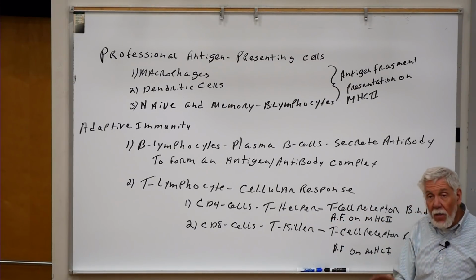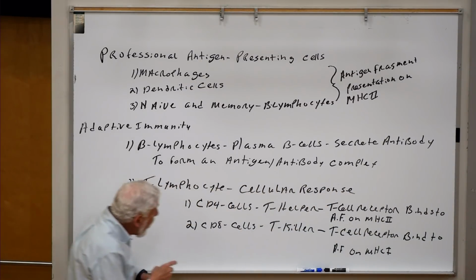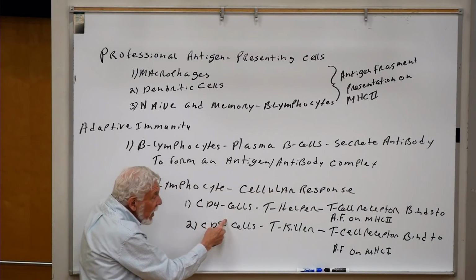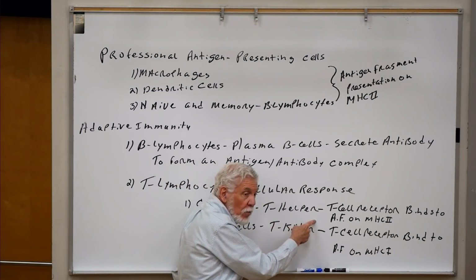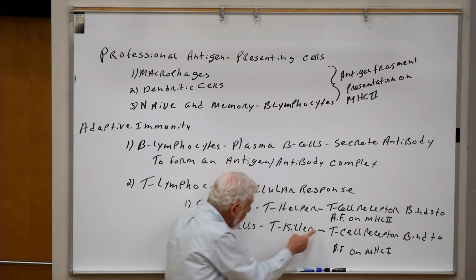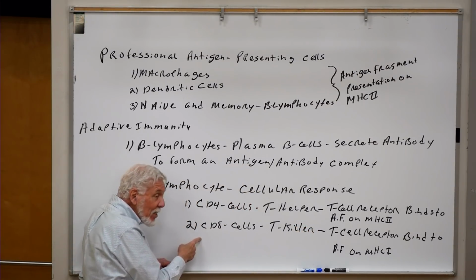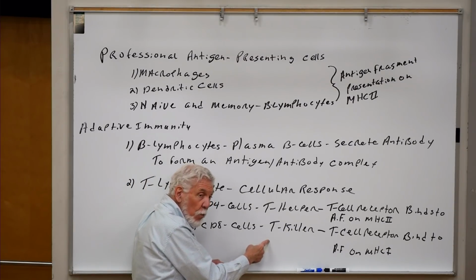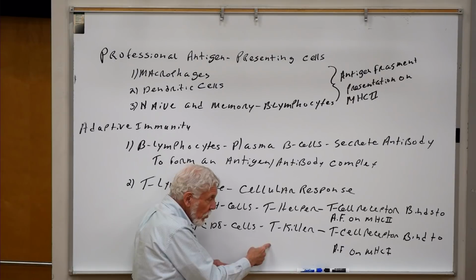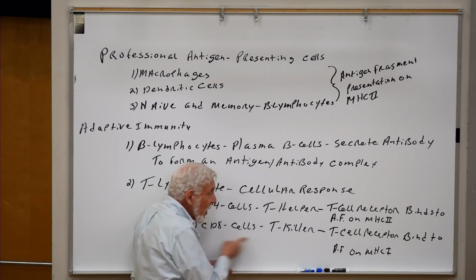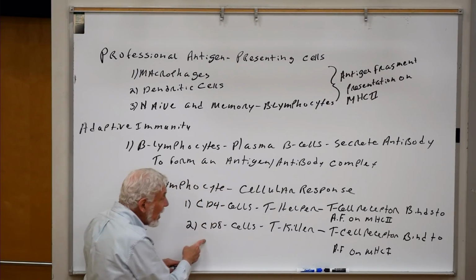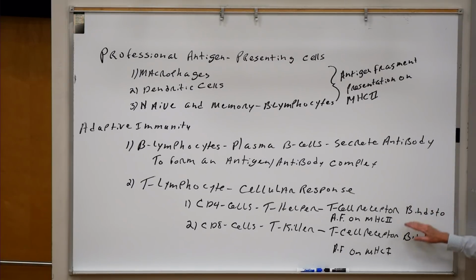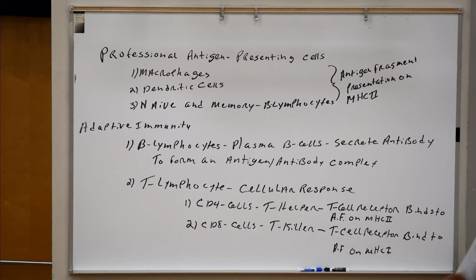We'll walk our way through all of that, but the long and the short of it is the response of the CD4 cell, the T helper cell, is to release interleukins, which are like hormones, that will tell cells to divide and proliferate and make more copies of themselves. The CD8 cells, by recognizing foreign proteins on MHC1 proteins on other cells, and these will recognize foreign antigens on any nucleated cell, will now, instead of releasing growth hormones, release molecules that kill that virus-infected cell, and we'll walk our way through how that happens.